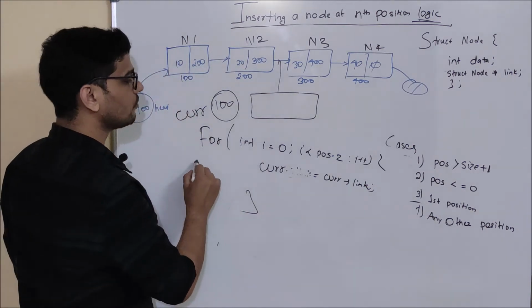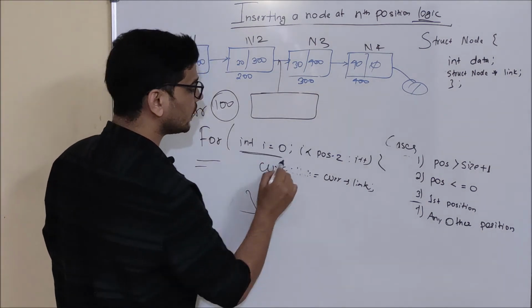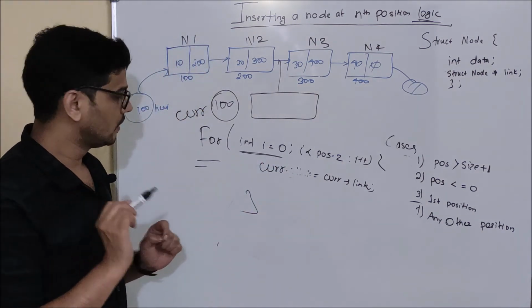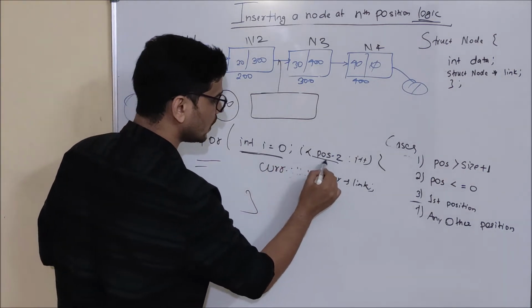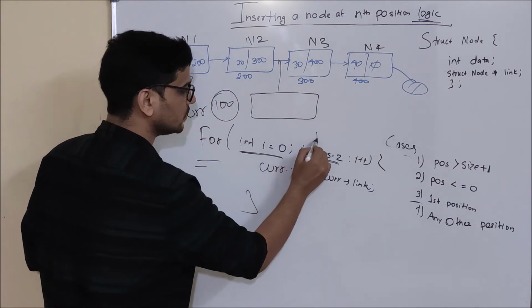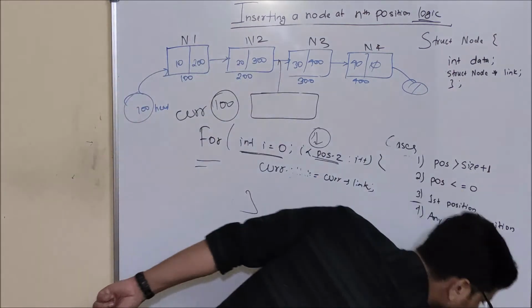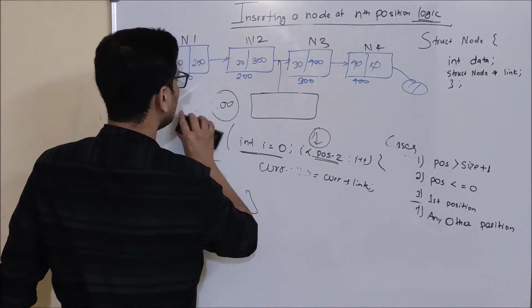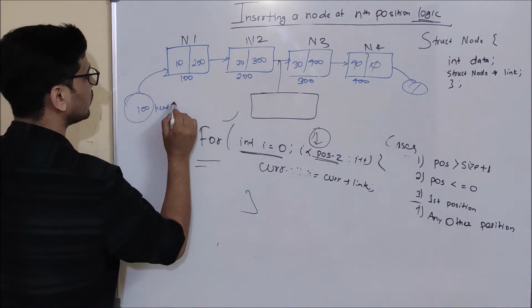So if I want to insert a node at third position, how many times will this for loop execute? i equal to 0, i is smaller than 1. So this for loop will execute one time. And what will be there before starting this for loop?